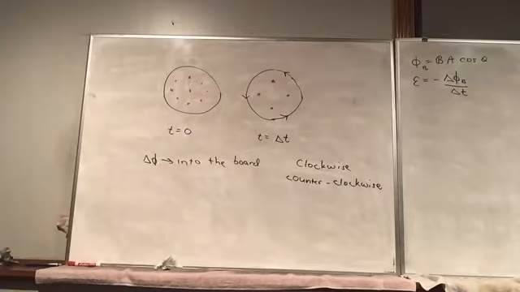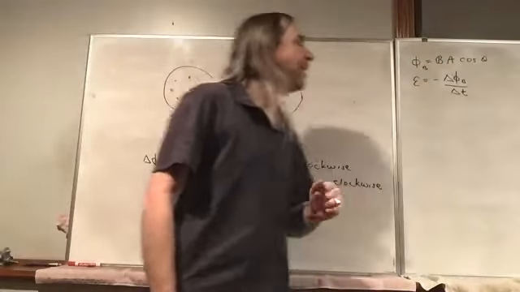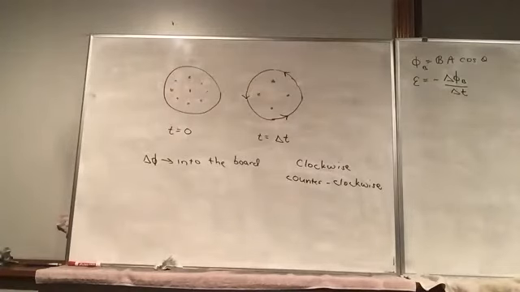All right. One more thing about Faraday's law. The flux consists of the magnetic field, the area, and the orientation, like the angle between the magnetic field and that perpendicular direction.